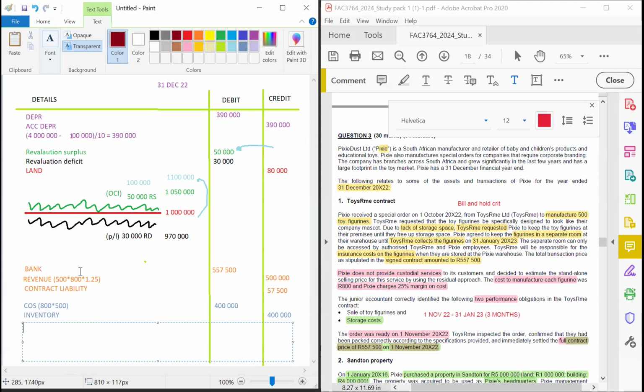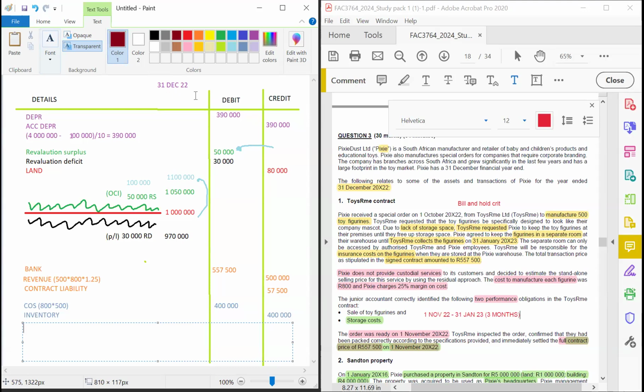So now, this income received in advance, the so-called contract liability, I am now going to reverse, but I'm going to apportion it for the months that have passed. Remember what I stated in the beginning. It is always important to take note of your year end to avoid recognizing the full 57,500. We are now going to recognize until 31st December only.